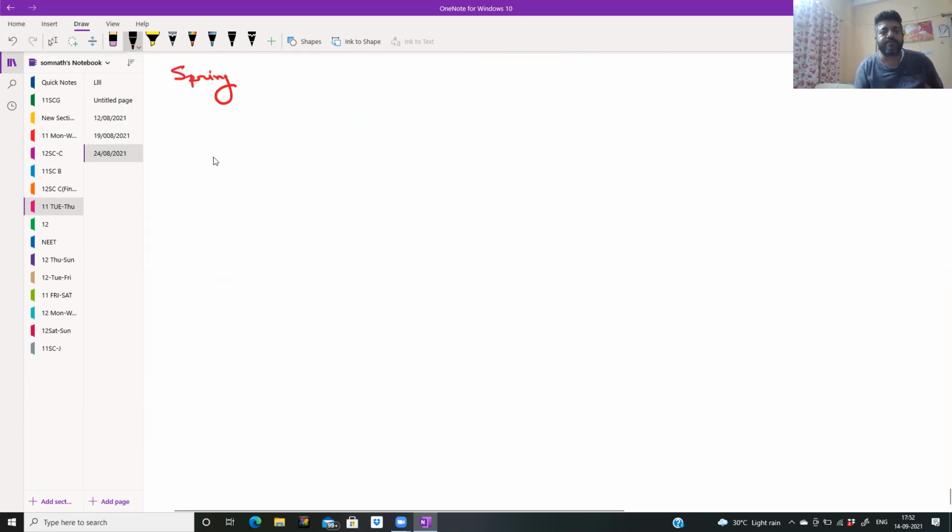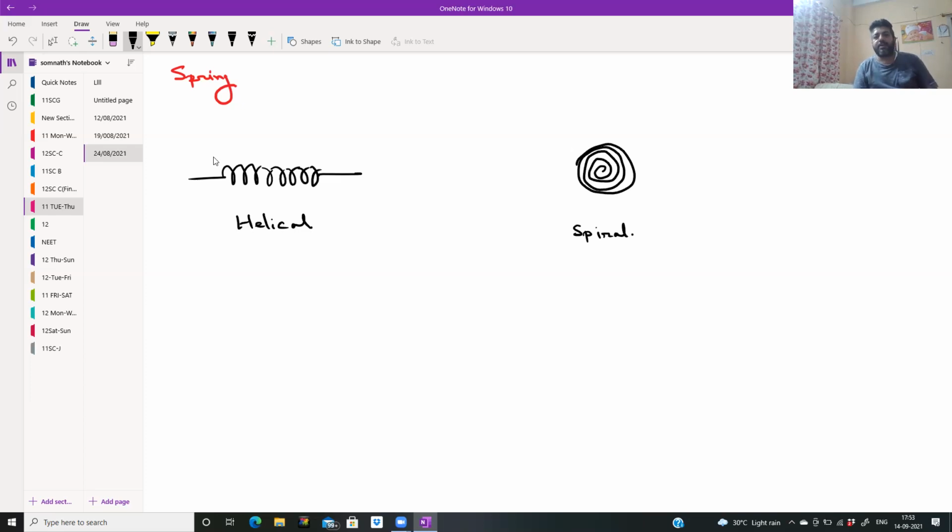One is called helical spring and one is called this type, called the spiral. So this is called the helical, this is called the spiral.